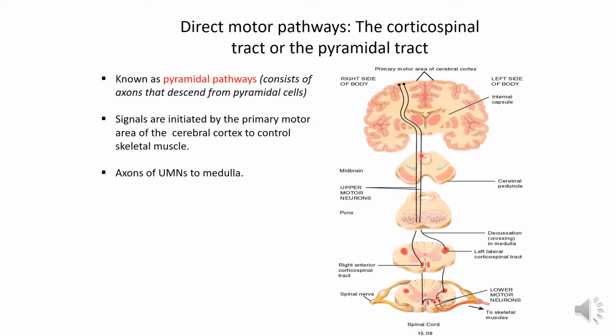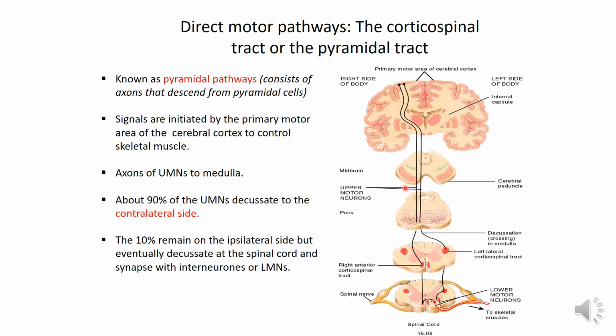When they descend in the brain stem, they give innervation to the cranial motor nuclei. The cranial motor nuclei are what? They are the cranial nerves 3, 4, 5, 6, 7, 9, 10, 11, 12.